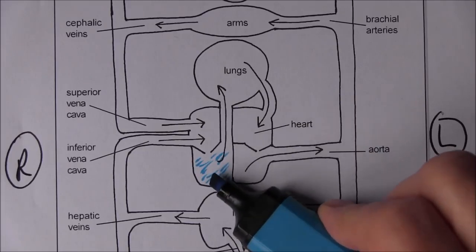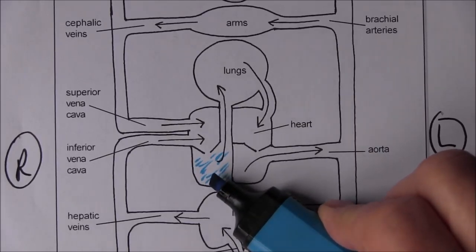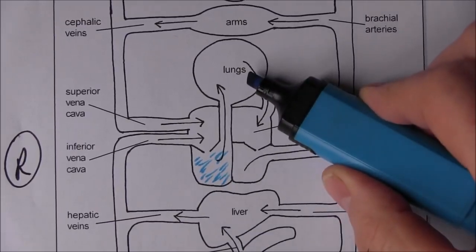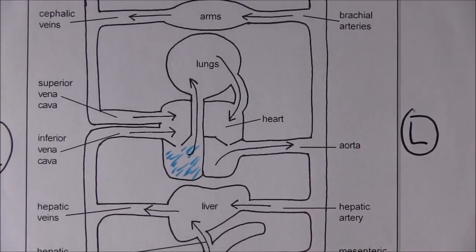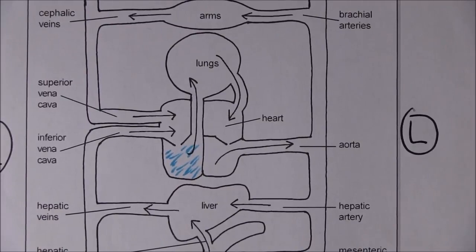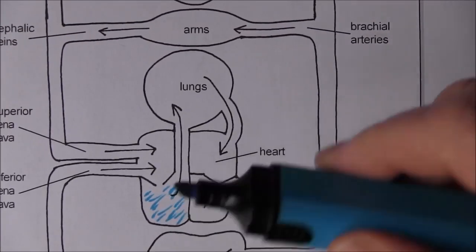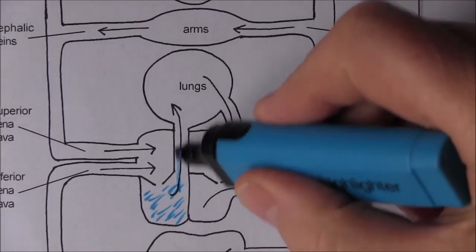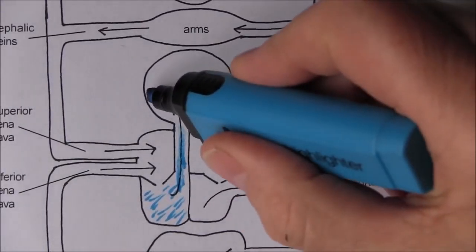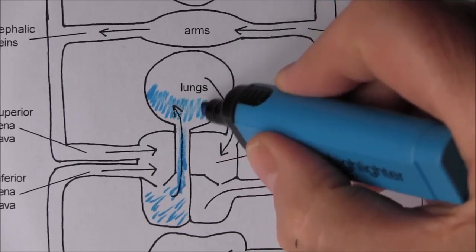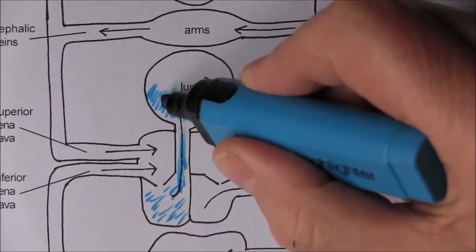Now, if the blood is low in oxygen, where does it need to go to get oxygenated? Well, of course, it needs to go here, up to the lungs. So first of all, the blood needs to go up to the lungs. So this ventricle will contract, ejecting the blood up into the lungs, and the blood will perfuse, circulate through the lungs.